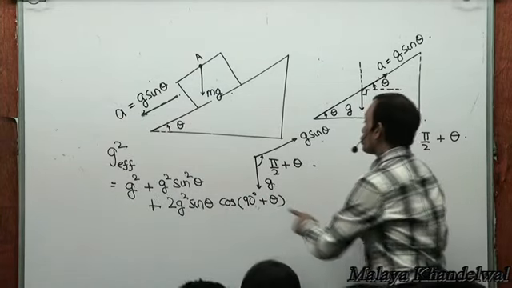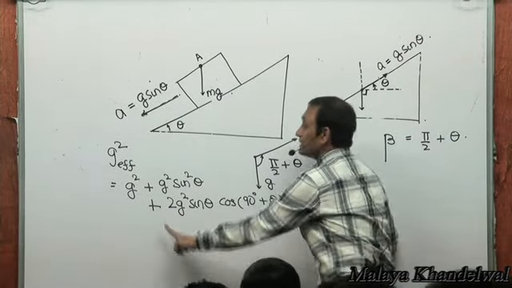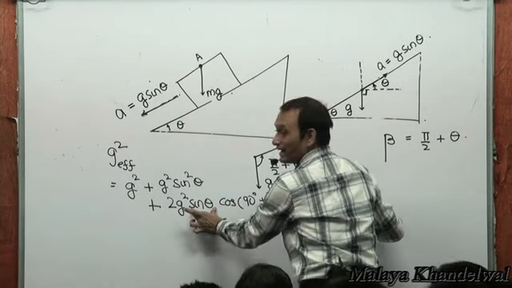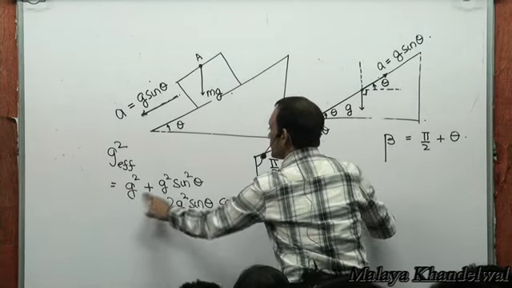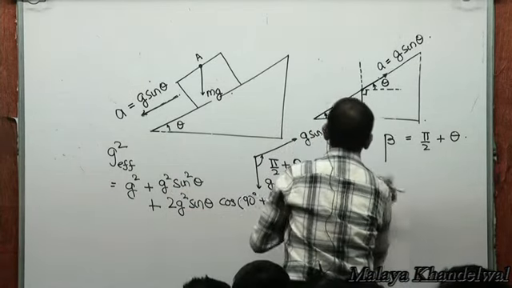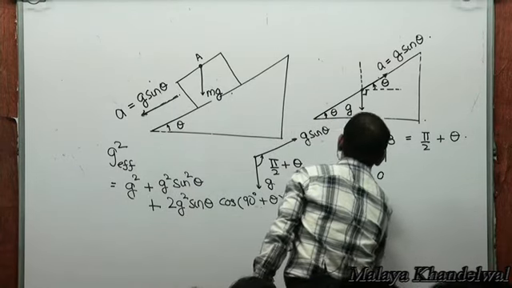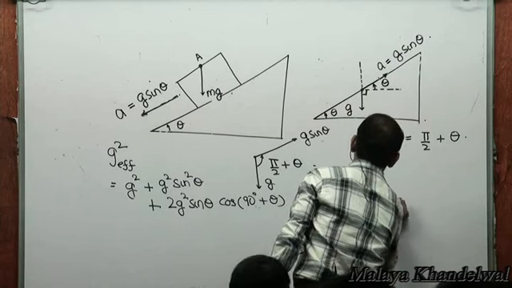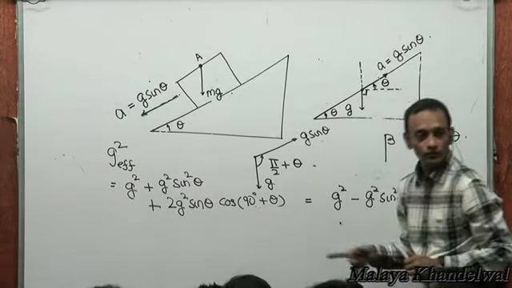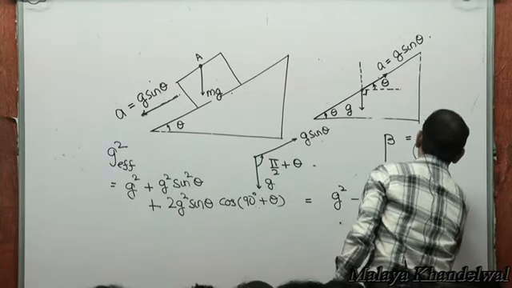Cos 90 plus theta will be minus sine theta, so this will become minus sine square theta. So G square plus G square sine square theta minus 2G square sine square theta would be G square minus G square sine square theta, which is G square cos square theta.